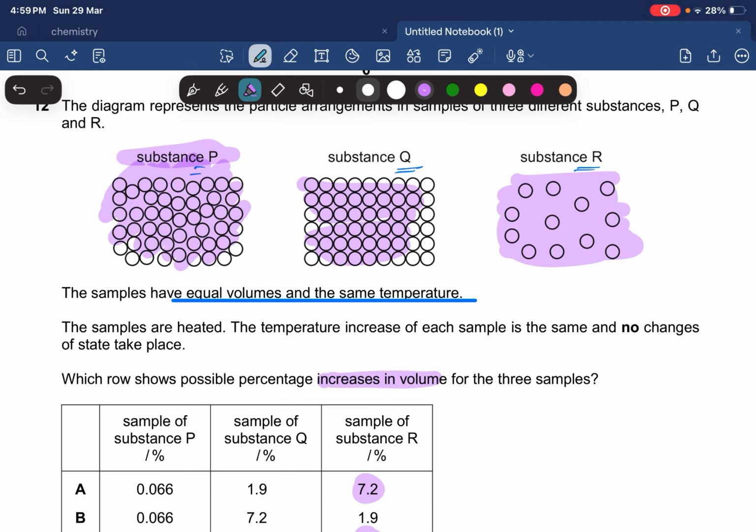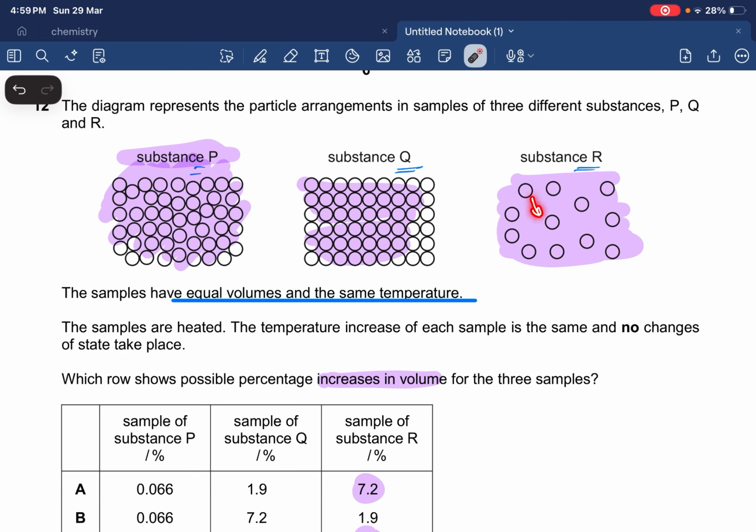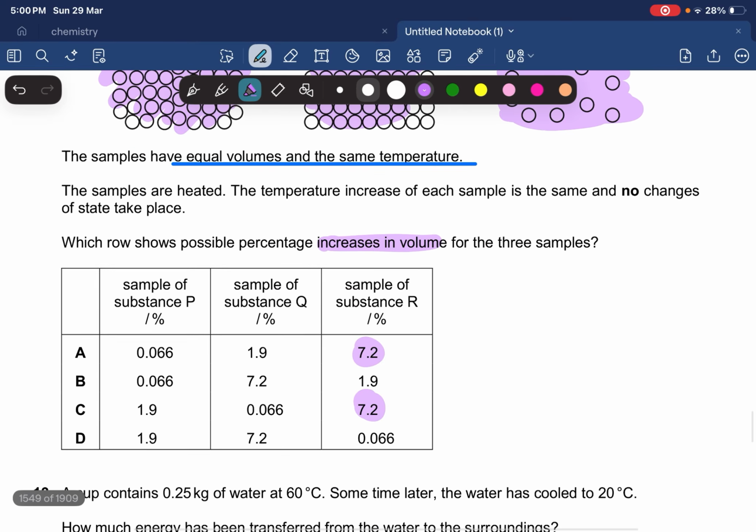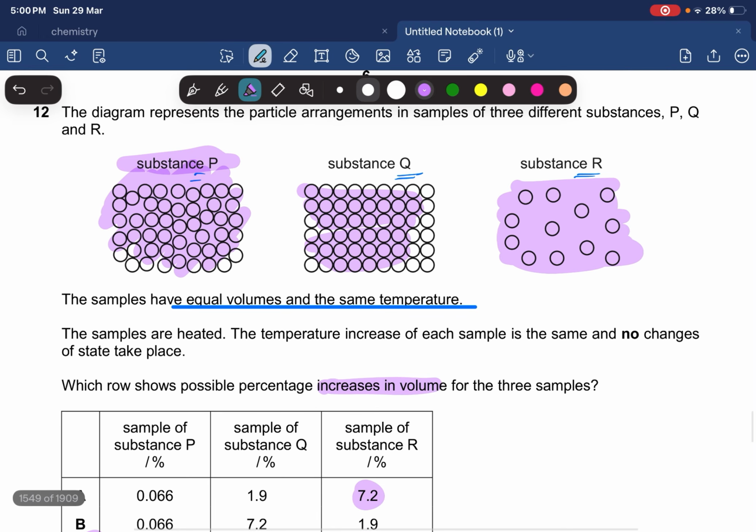Because in gases there are more spaces and there are weak intermolecular forces. Because of that, the particles have the kind of audacity to expand. So 7.2, then for Q it's going to be the least, and for P it's going to be more, because P is a liquid. Got it?